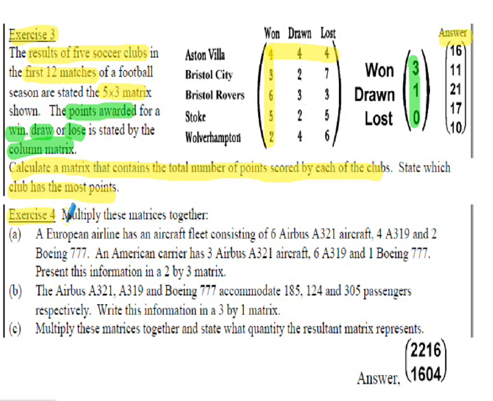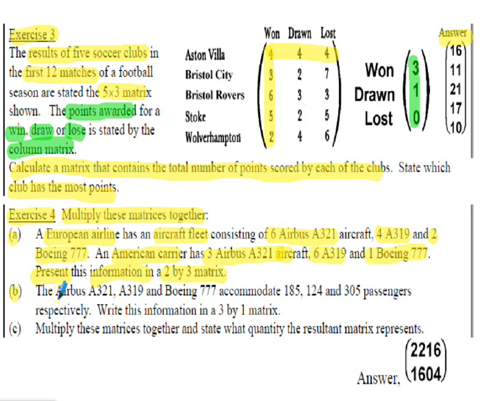Exercise 4. We're asked to multiply the following matrices together. Part A. A European airline has an aircraft fleet consisting of 6 Airbus A321s, 4 A319s and 2 Boeing 777s. An American carrier has 3 Airbus A321s, 6 A319s and 1 Boeing 777. We're asked to write this information in terms of a 2 by 3 matrix.